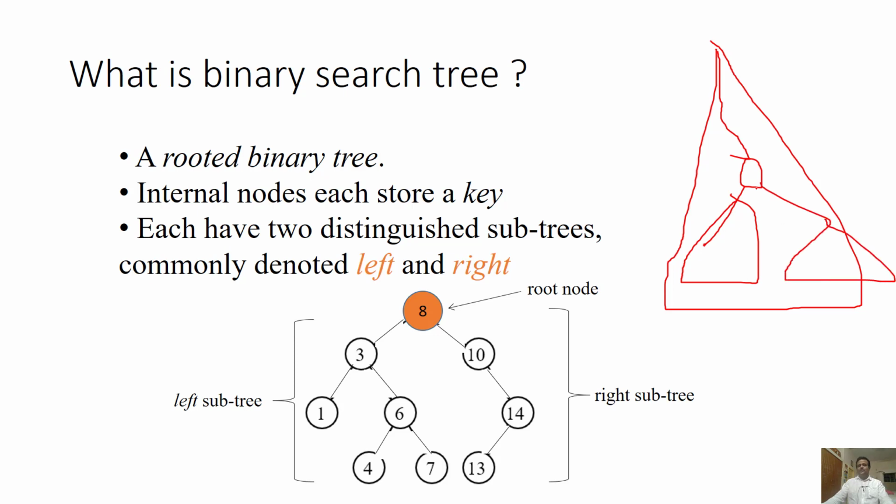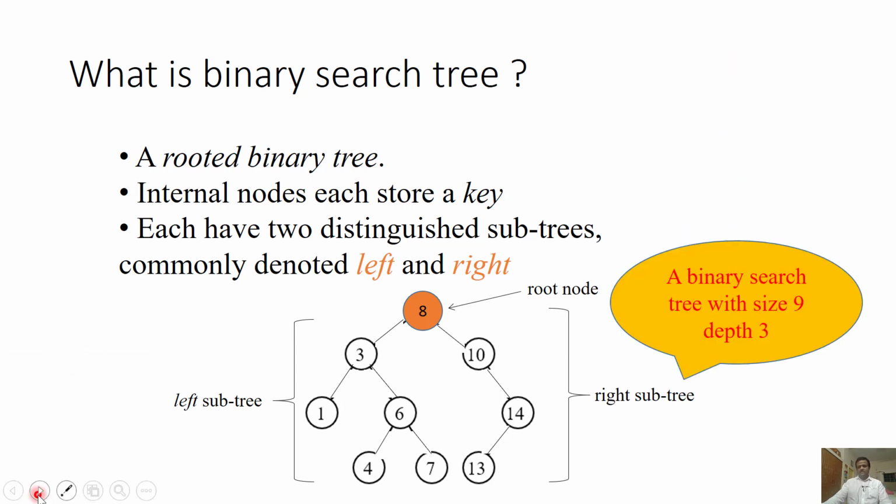If this value is x, then every node over here must have a key value less than x, or less than or equal to x if there are equal elements, and every node here must be greater than x. This is the property of a binary search tree, and it must be true for every node, including the root and leaves, every node.